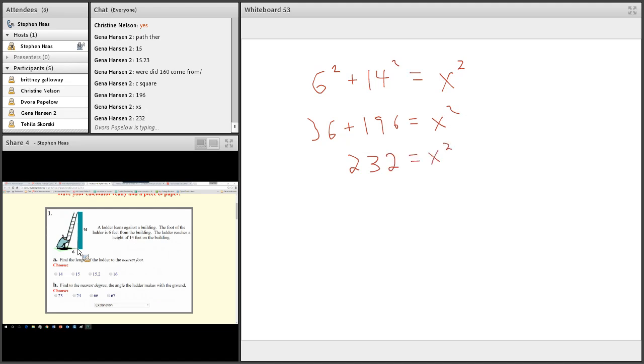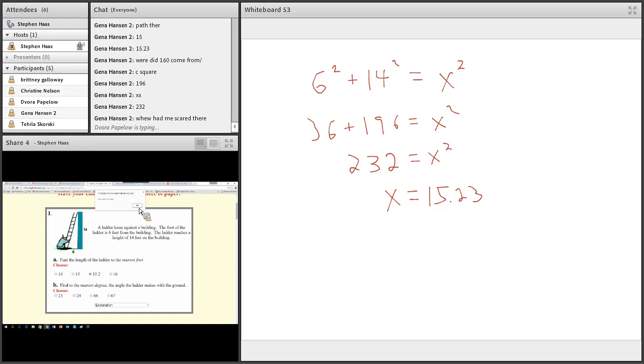And so x equals the square root of 232. That makes sense to be about 15.2. The square root of 232 is 15.23. Very good. Excellent.